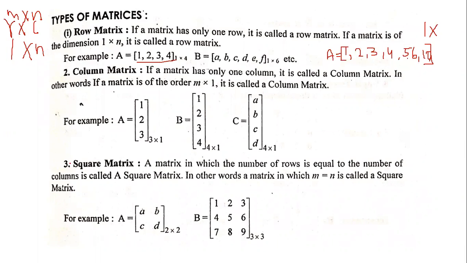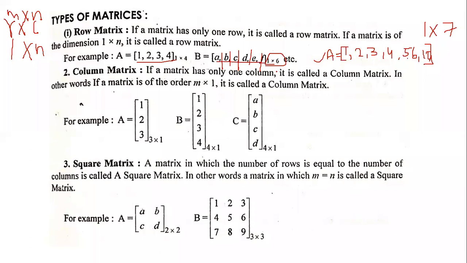Who can say me? Seven columns. So 1 into 7 will be the dimension of the matrix. Now if you take this example, A, B, C, D, E, F, there is only one row, but there are 6 columns available. So that is why it is 1 by 6 matrix. Okay, so that is called a row matrix.